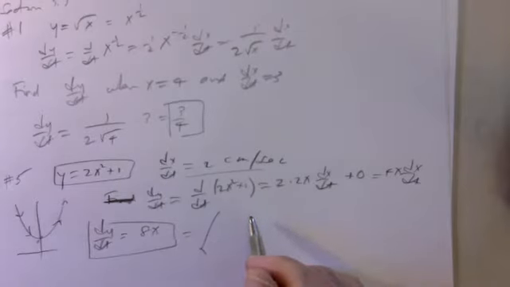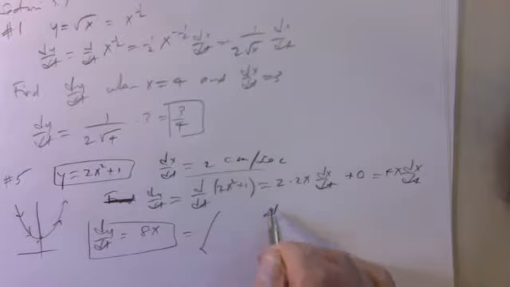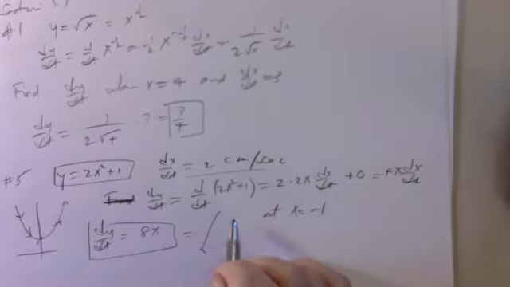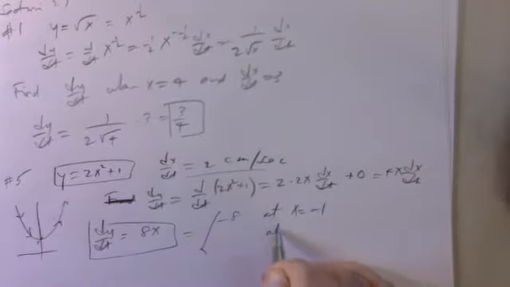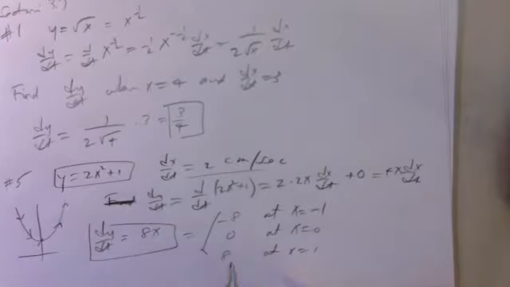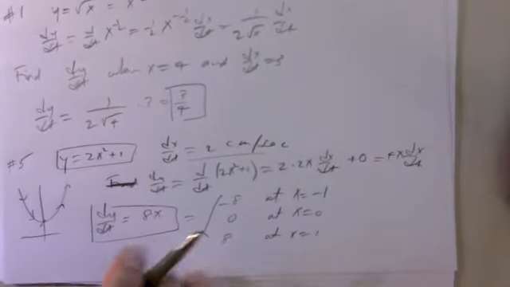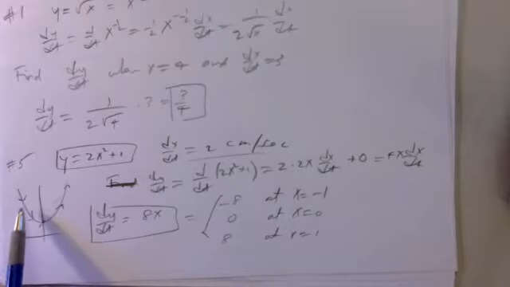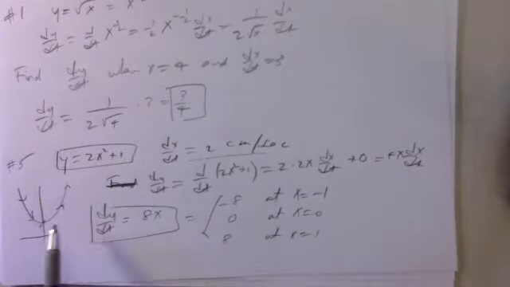When x is equal to -1, this is -8. At x equals 0, it's 0. And at x equal +1, it's equal to 8, which is just what you expect looking at the curve, because when x is negative, this particle is moving down, so dy dt should be negative.